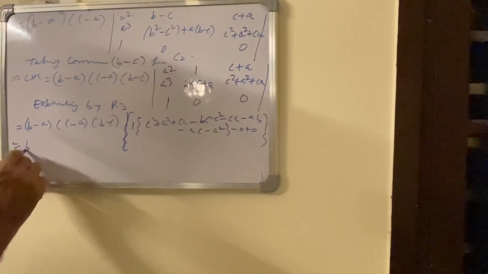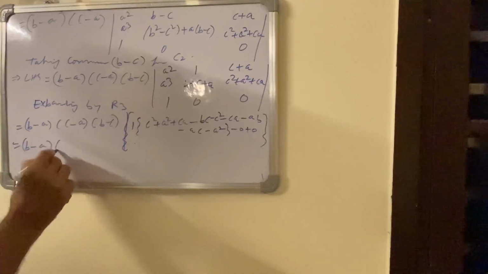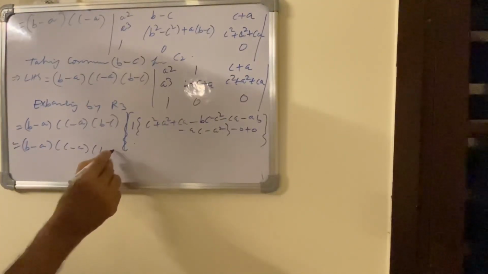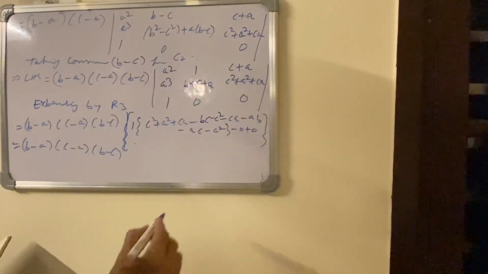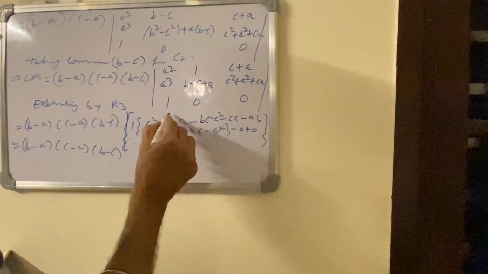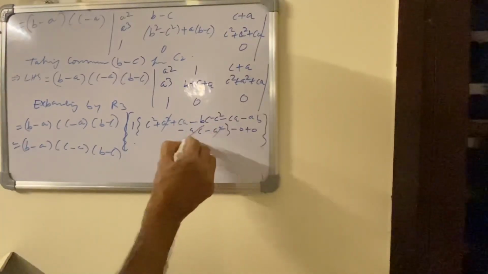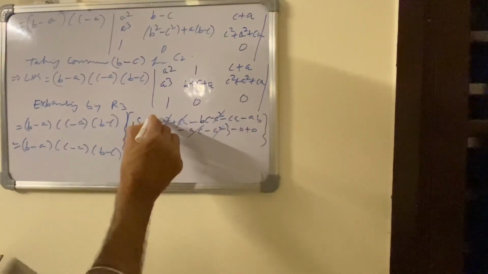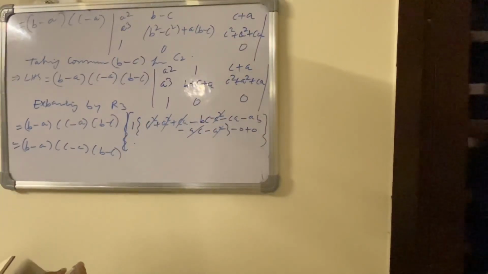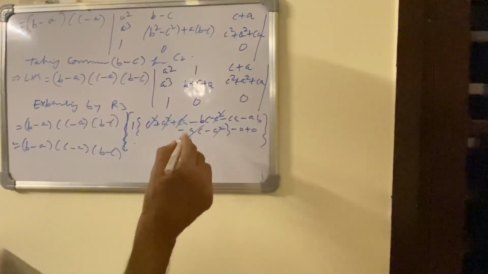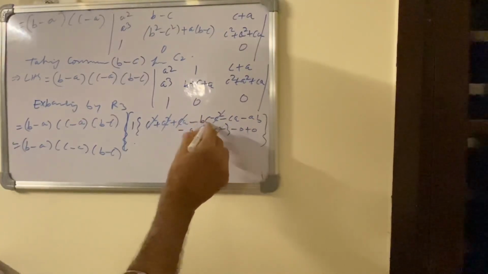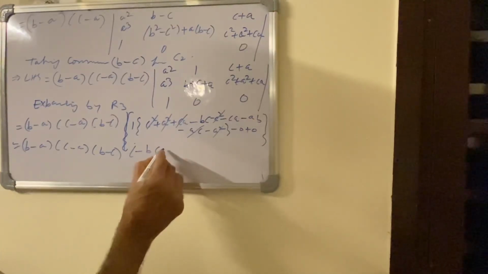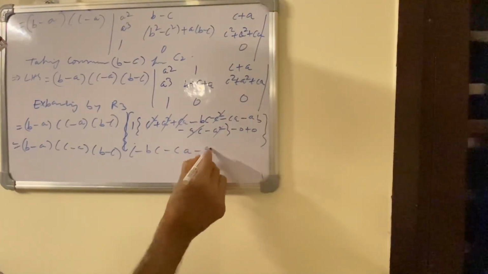This is equal to (b minus c)(b minus a)(c minus a)(b minus c). Simplify this. a square cancelled, ac cancelled, c square cancelled, and we are left with minus bc minus ca minus ab.